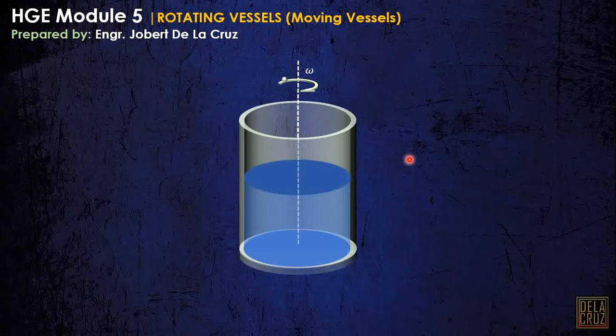Imagine if iikutin natin to, then the water inside will form a paraboloid, no? If you can imagine on your childhood, if you try to rotate yung palanggana natin, no? Or balde, magkakaroon niya ng paraboloid of water.